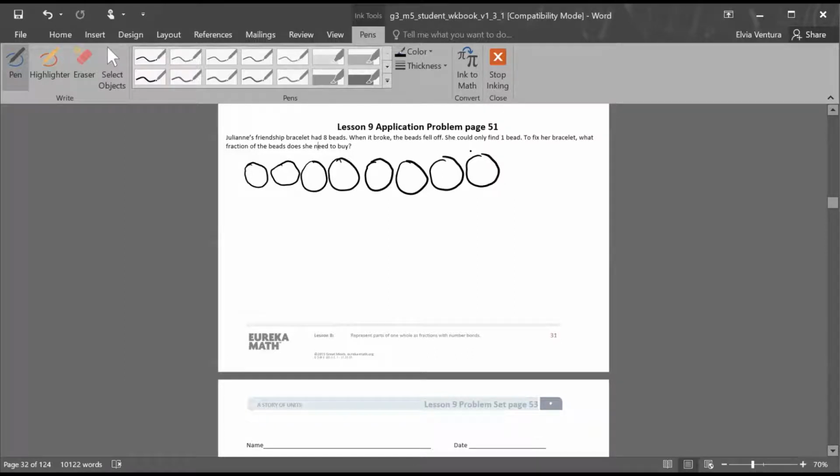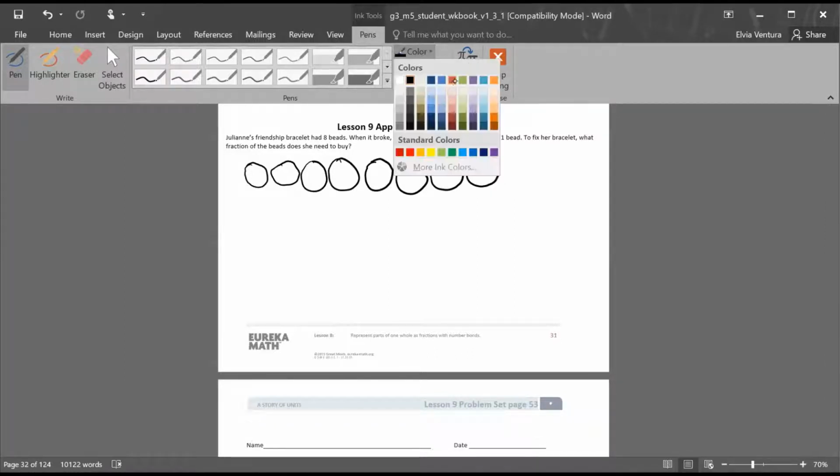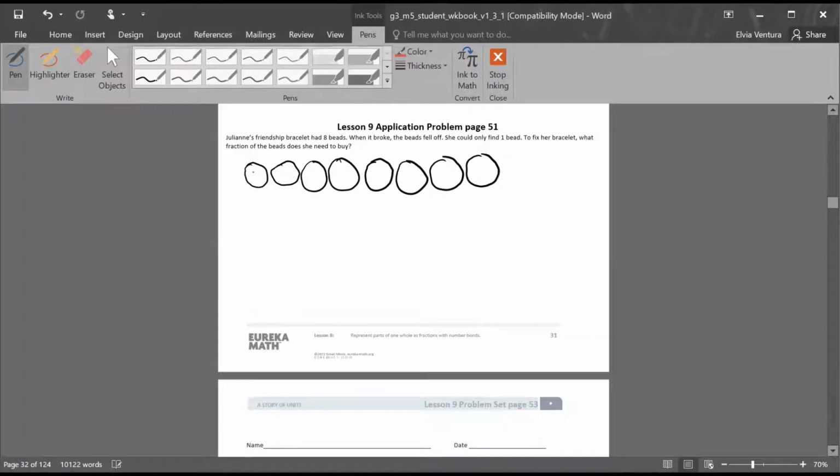And then I'm going to label what each of these represents. Since there are 8 total beads, each one will represent 1/8. So I'm going to write 1/8 inside each one. And I want you to label yours just like mine. 1/8, okay?